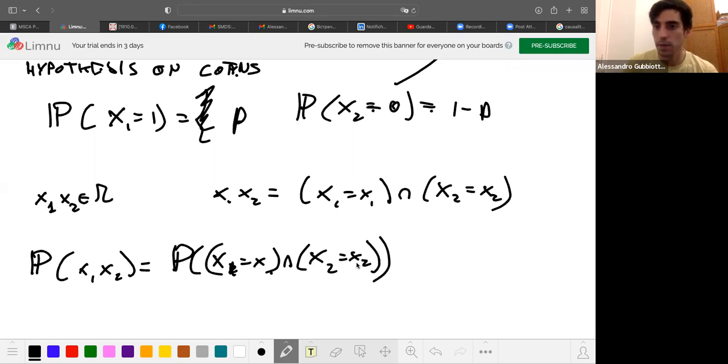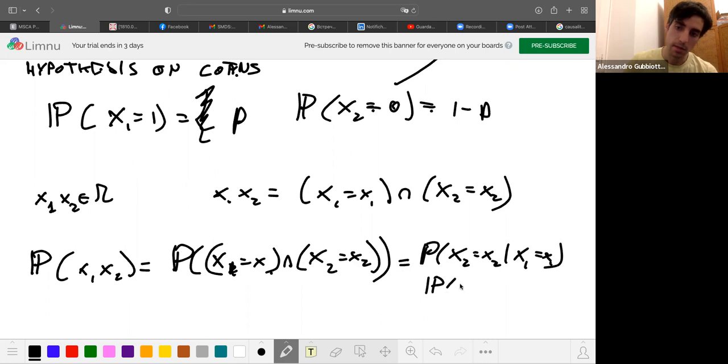Recall that capital X is the result of the coin toss, while little x1 is a fixed number in {0, 1}. The probability of (x1, x2) is equal to the probability that capital X2 is equal to x2, given that capital X1 is equal to x1, times the probability that capital X1 is equal to x1.